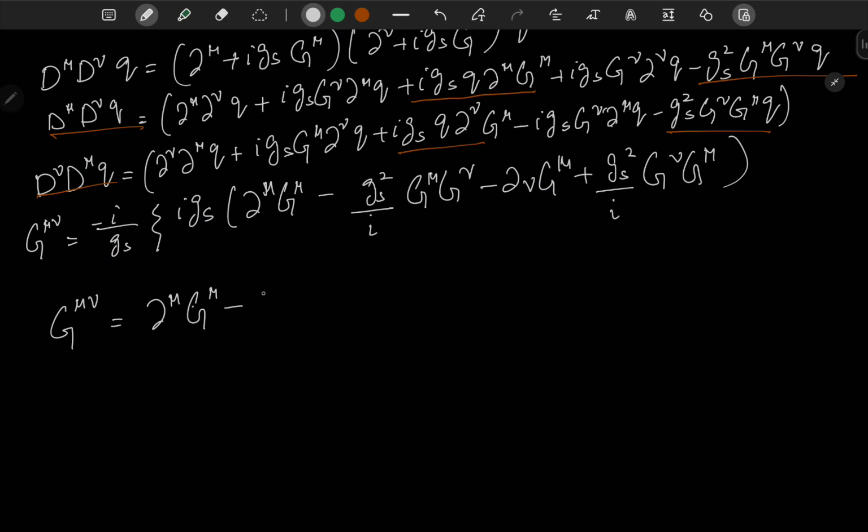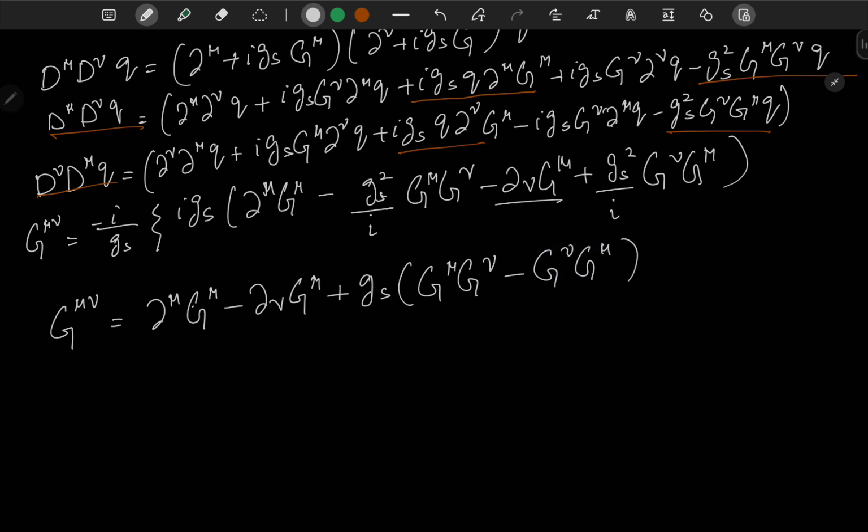We get D_mu, this term D_nu g_mu, plus g_s, one of the g_s from here will cancel out, times g_mu g_nu minus g_nu g_mu, and this is a commutator, which is equal to, I'm writing with a different color, i times the commutator of g_mu and g_nu. Okay, bad writing.